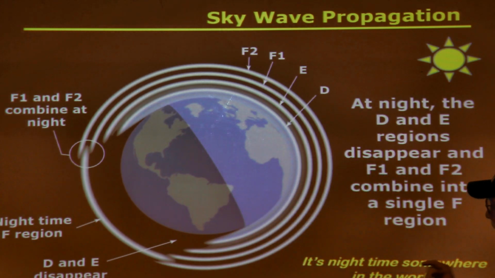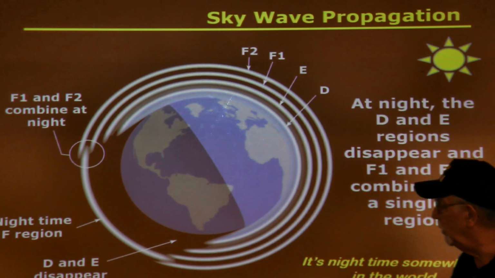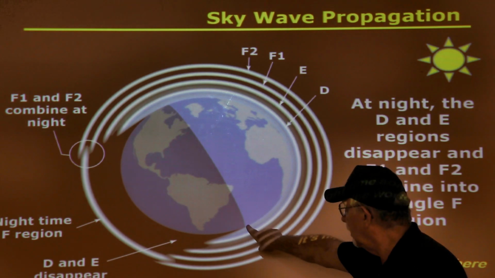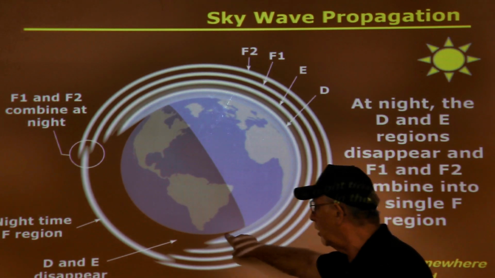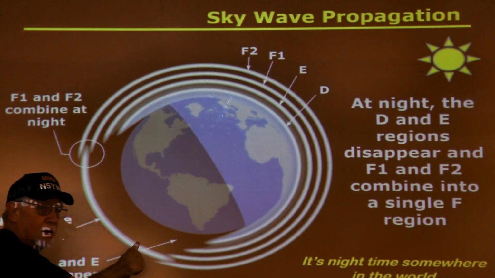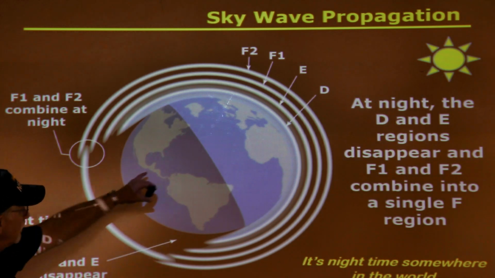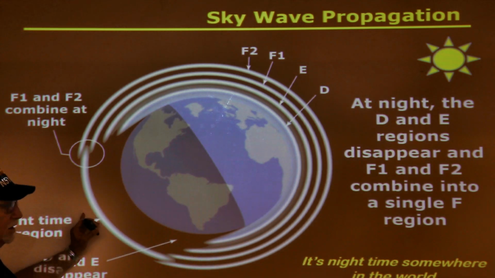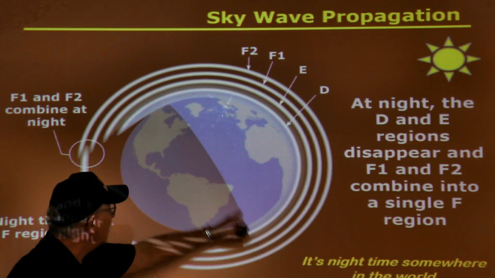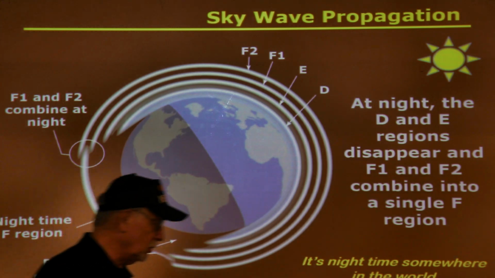Now, you may have only been able to do short distance communications here, but if I have a low angle of radiation here, all of a sudden I can work a long distance because I can pick up that F layer and bounce way over here. So communications on the other side of the world start getting enhanced in the morning and the afternoon towards the dark side. We're working what they call the gray line.